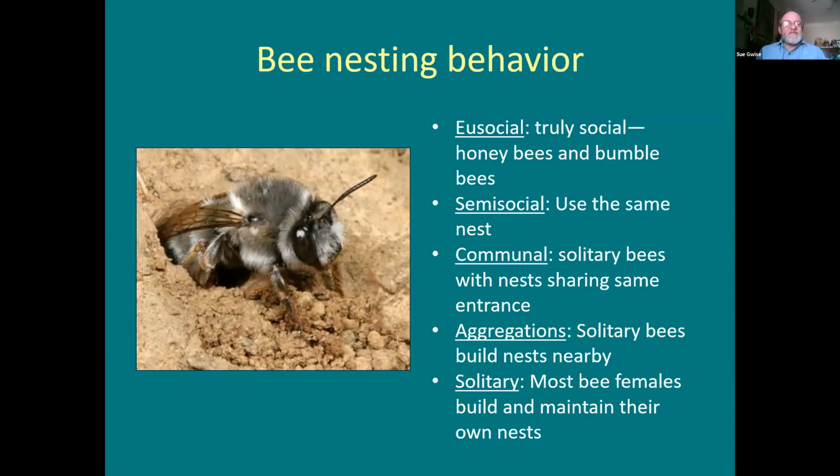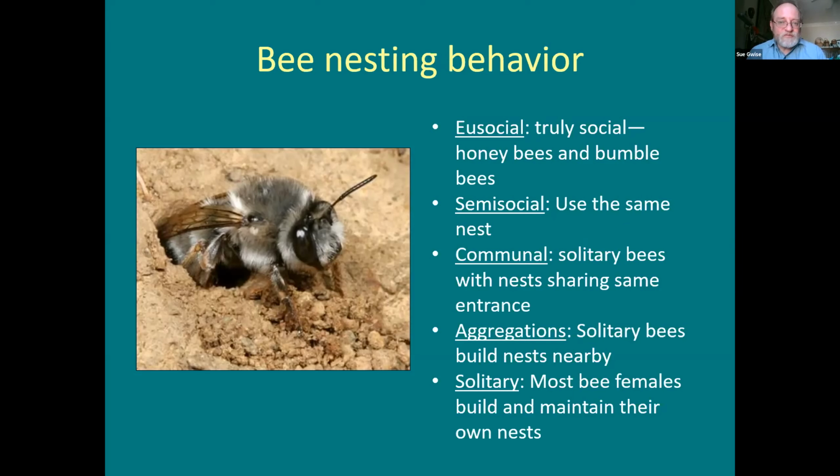So bees have a variety of nesting behavior. Some of this you will know. Eusocial bees, the ones that are truly social, that means that they have a queen, they have workers, they have drones. Honeybees and bumblebees fall into that category. Then there are semi-social bees that use the same nest but don't exist in this sort of collaborative way where it's all for the good of the hive and really to pass on the queen bee's genes.